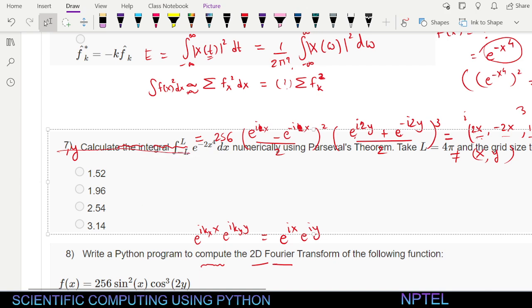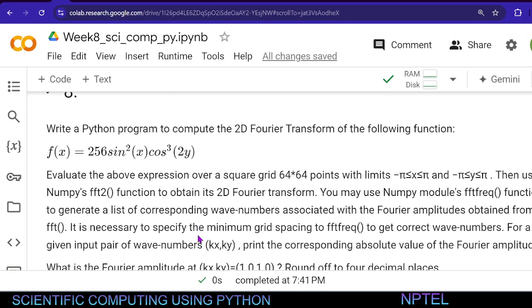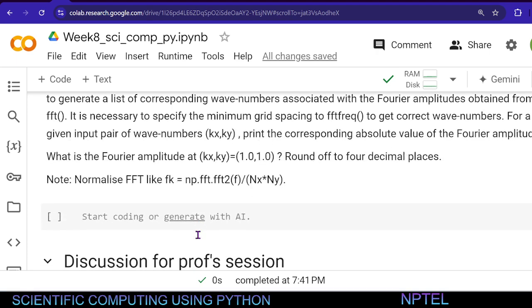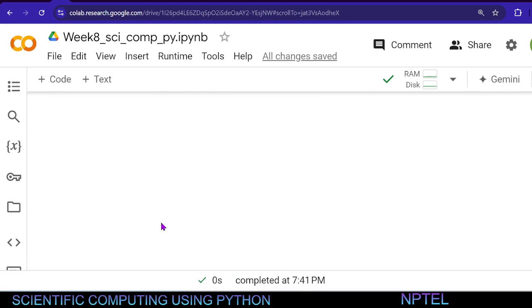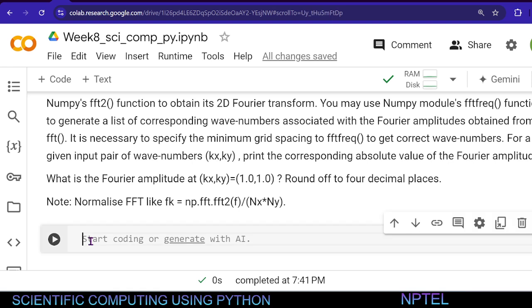Okay, and the last one, which is the 2D Fourier transform. So the function is given, and the grid points are given.